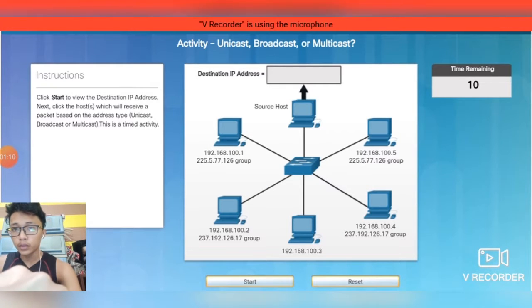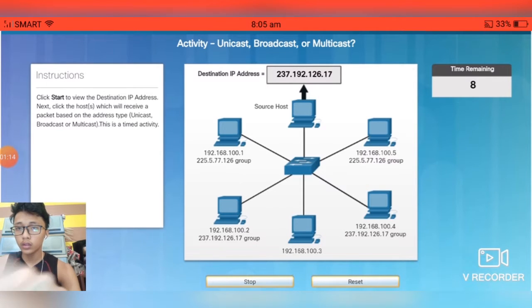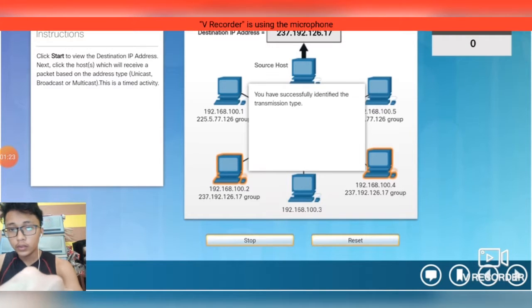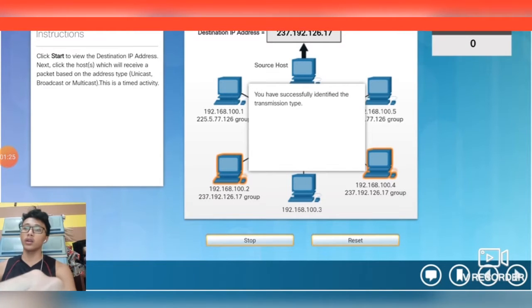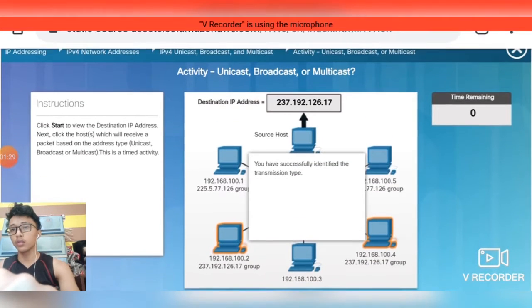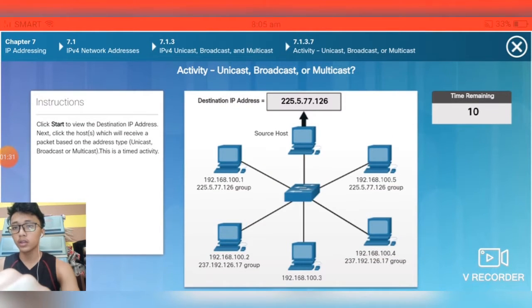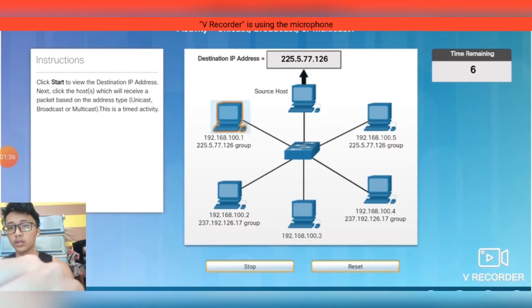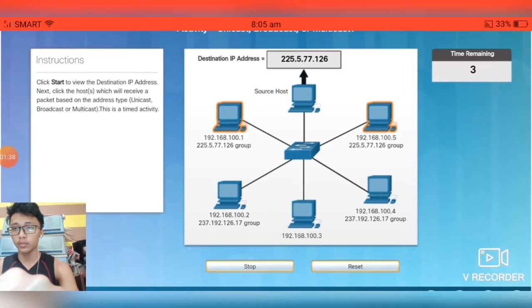This activity is basic. So in this activity, we're going to practice identifying unicast, broadcast, or multicast destination addresses. So again, we have to start this.